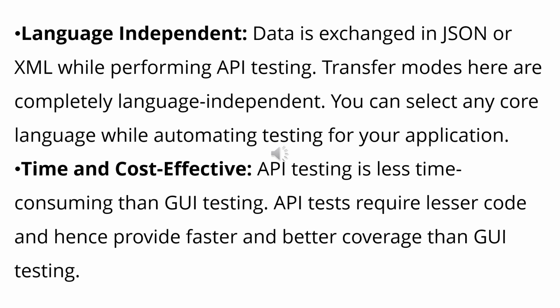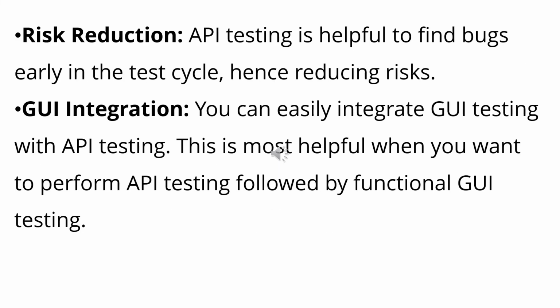API tests require less code and hence provide faster and better coverage than GUI testing. Risk reduction: API testing is helpful to find bugs early in the test cycle, hence reducing risks. GUI integration: you can easily integrate GUI testing with API testing. This is most helpful when you want to perform API testing followed by functional GUI testing.